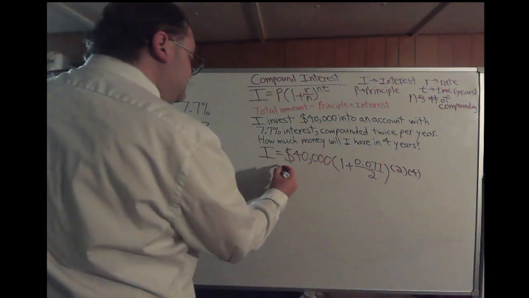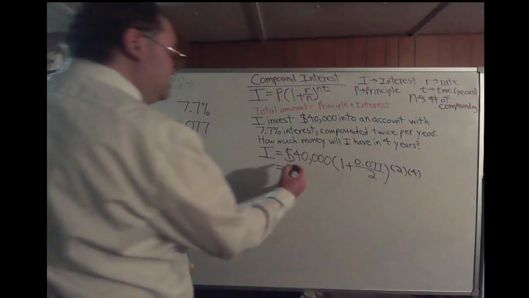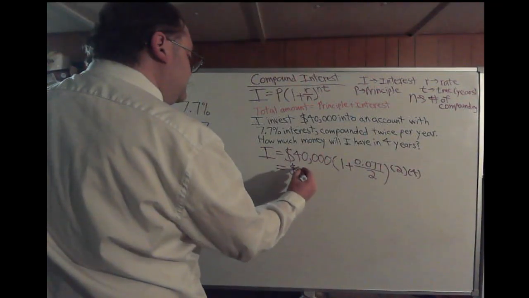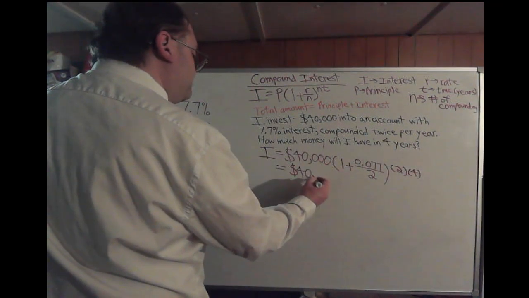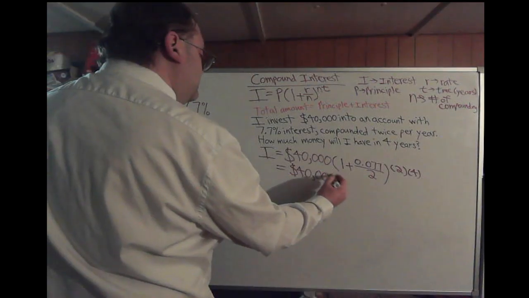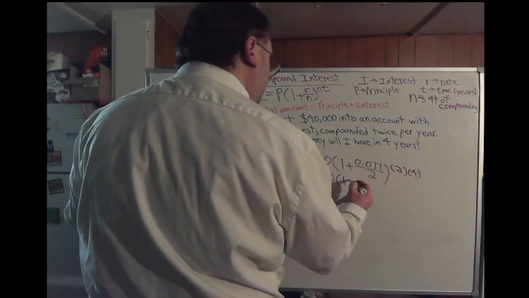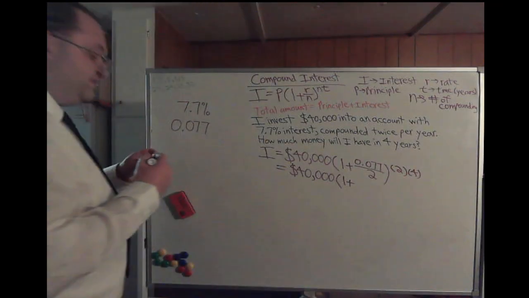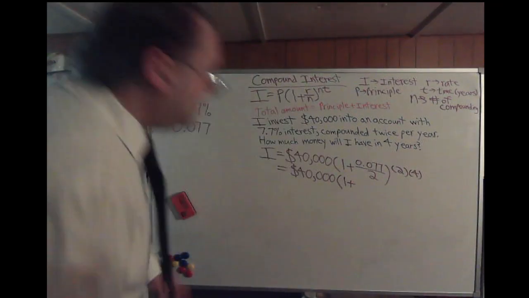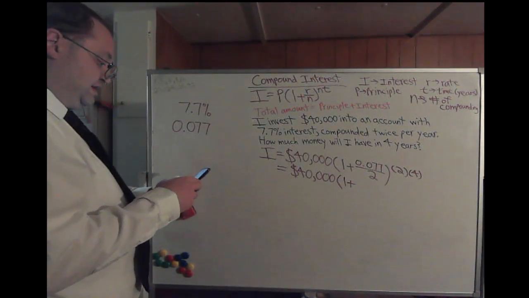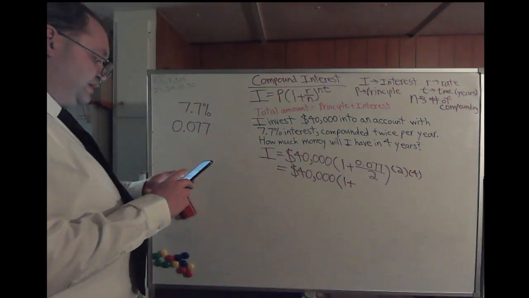All right, now we've got to simplify this for the interest. Of course, the 40,000 still stands. And then we'll have 1 plus, let's figure out what 0.077 divided by 2 is. That shouldn't be too bad of a decimal.